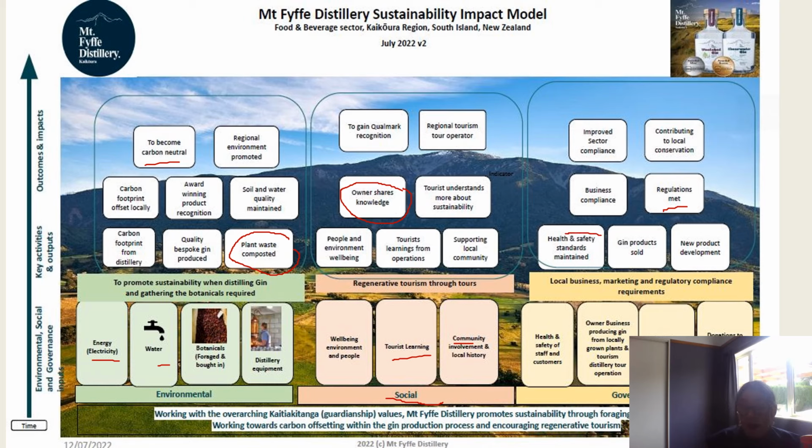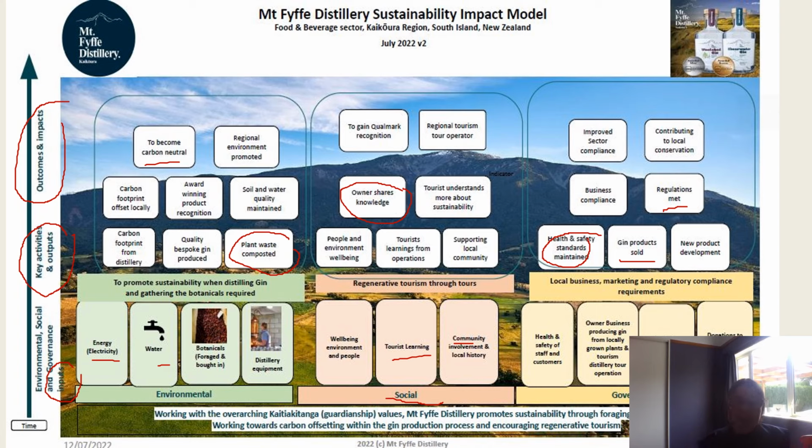She's health and safety, and that she's selling her product in markets in New Zealand and offshore. So this impact model is on one page and it highlights what she's doing from the environment and then what she's working towards, her outputs, and what changes in environmentally, social and governance.